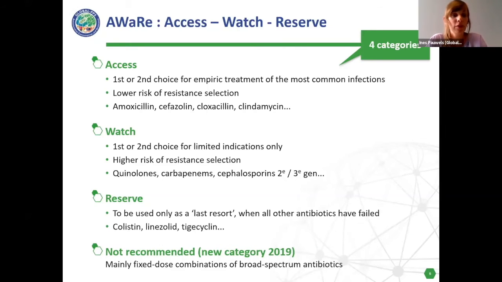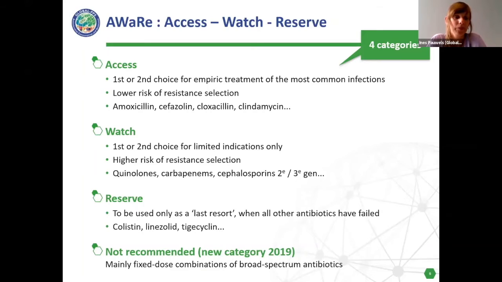A couple of years ago, the WHO released the AWaRe classification where they classified all the antibiotics that were available worldwide into 4 categories based on their role in first or second choice for certain infectious syndromes, and also based on their risk of selecting for resistance.